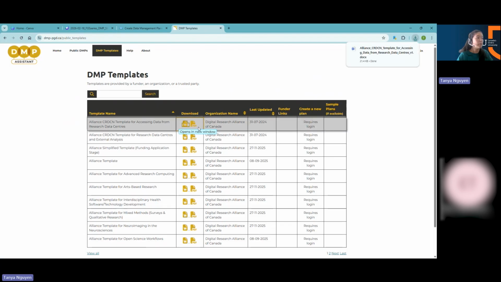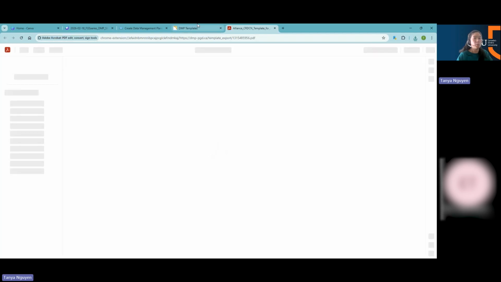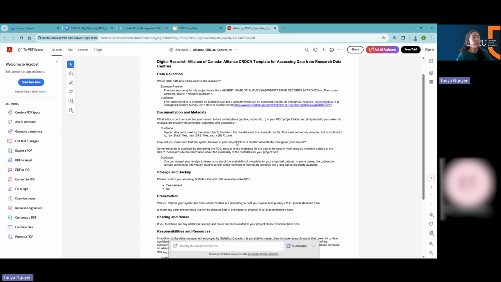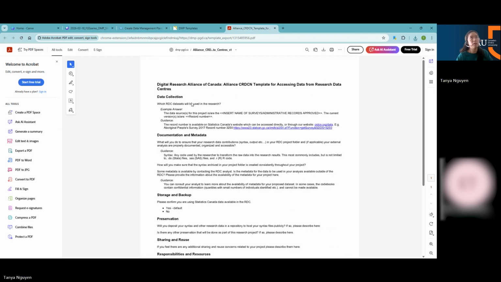So you can download the PDF or the Word file and use the questions and the guidance to help you craft your data management plan. And usually these questions kind of align with the ethics application. So whether you start drafting the ethics application first or this one first, there should be overlap between the two. So you're not redoing the work twice. They should carry over each other.